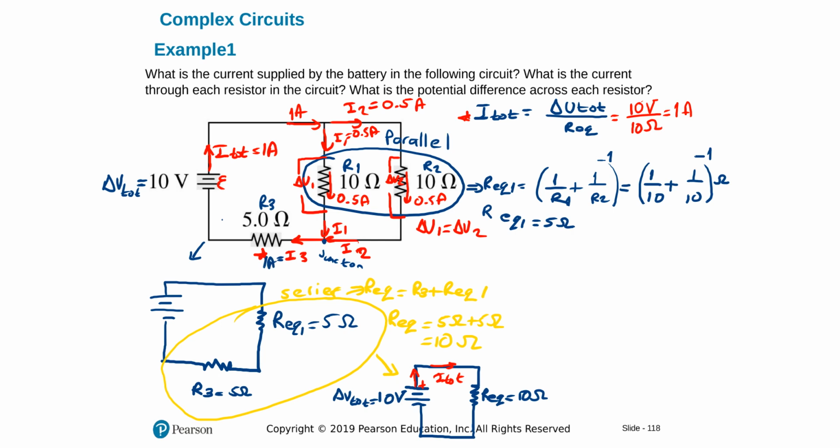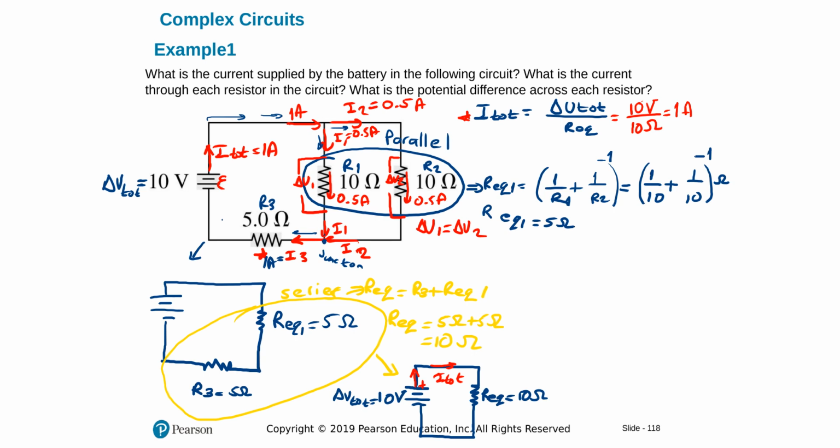Or I can say this current starts here, 1 ampere, divides into 2, and then recombines here, so it will be the same. I3 is equal to I total. That also would give me the answer. But I can also add I2 plus I1, and that will be my I3: 1 ampere.